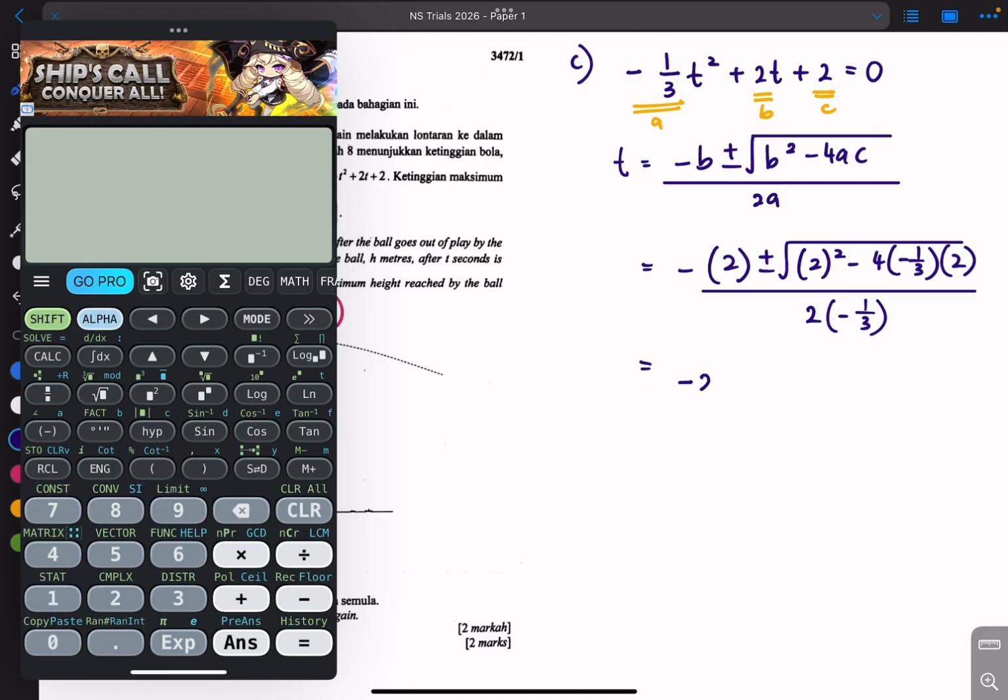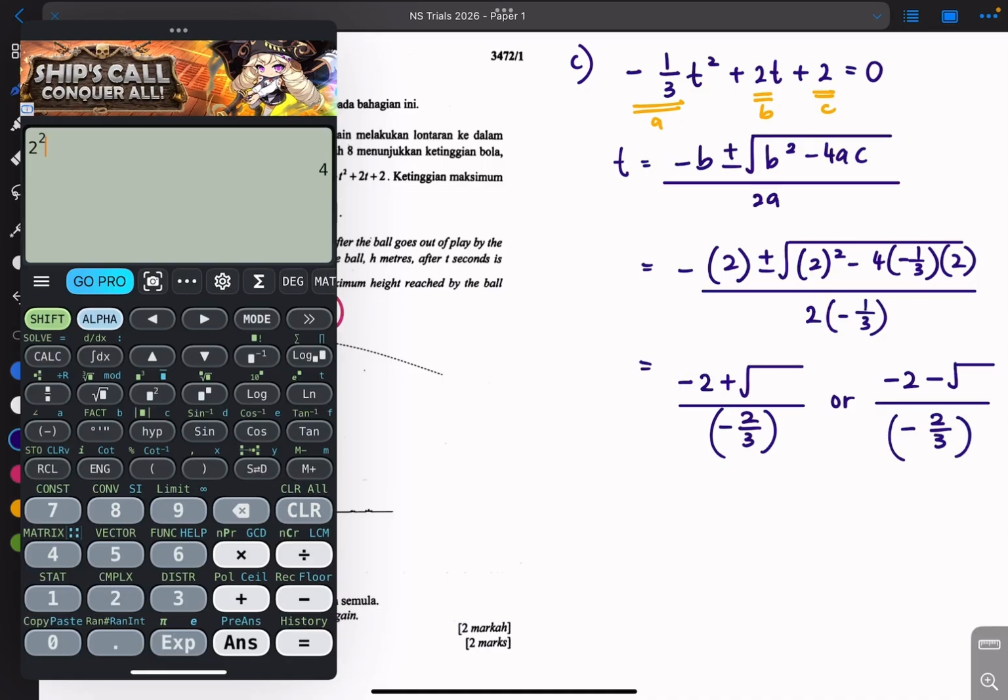The first one will be negative 2 plus the square root, divided by negative 2 over 3, or the other one would be negative 2 minus square root, divided by negative 2 over 3. Okay, let's see what goes in the square root. So 2 squared minus 4 times negative 1 over 3 times 2. We get 20 over 3.